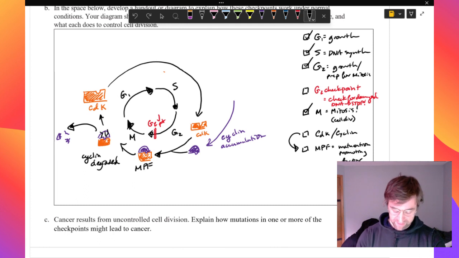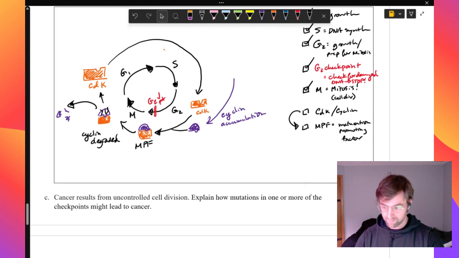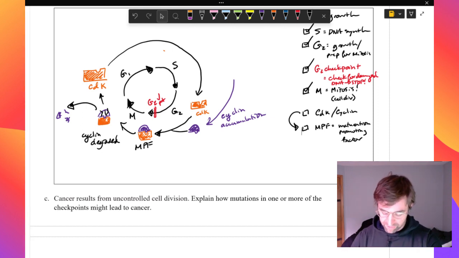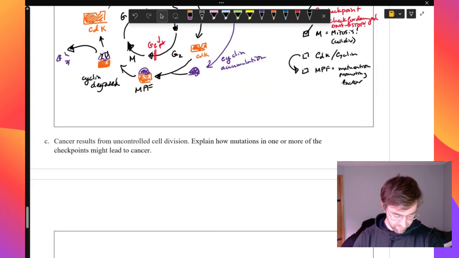Cyclin is accumulating, so increasing as we get through G1 and S phase into G2, into the second growth phase. Cyclin drops off because it's degraded at the end of mitosis, right? And I drew this arrow here to indicate CDK and cyclin. CDK and cyclin come together to form that MPF, that maturation promoting factor. Okay.